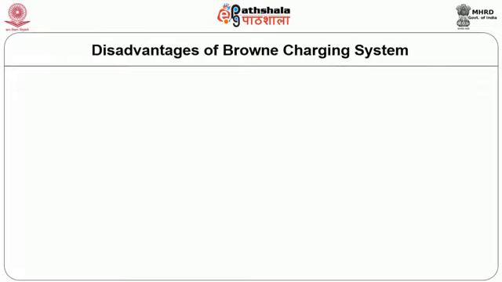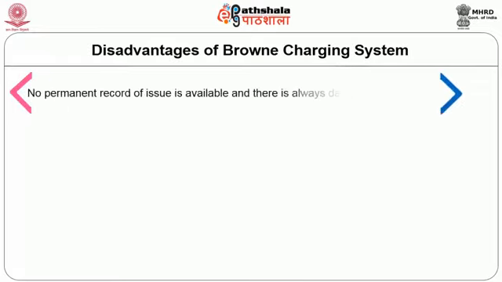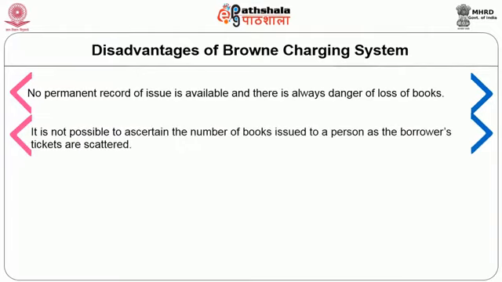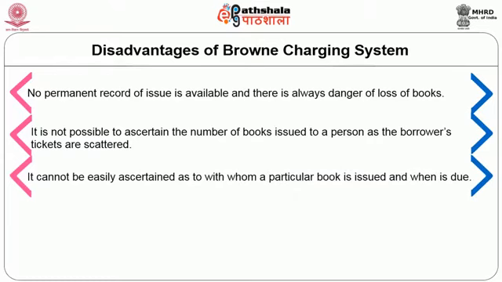The disadvantages of the Browne charging system are that no permanent record of issue is available and there is always danger of loss of books. It is not possible to ascertain the number of books issued to a person as borrowers' tickets are scattered. It cannot be easily ascertained with whom a particular book is issued and when it is due.